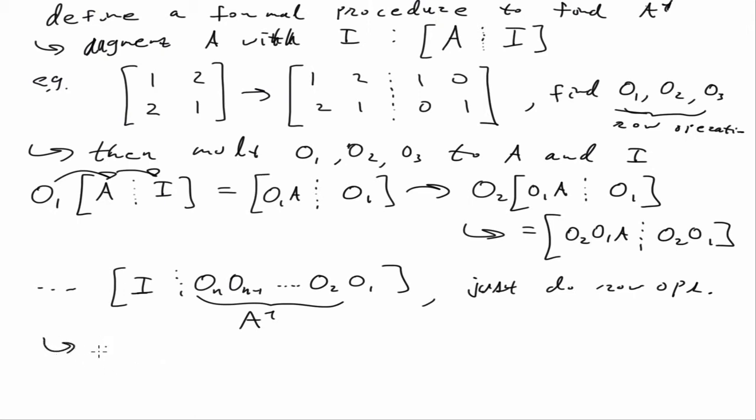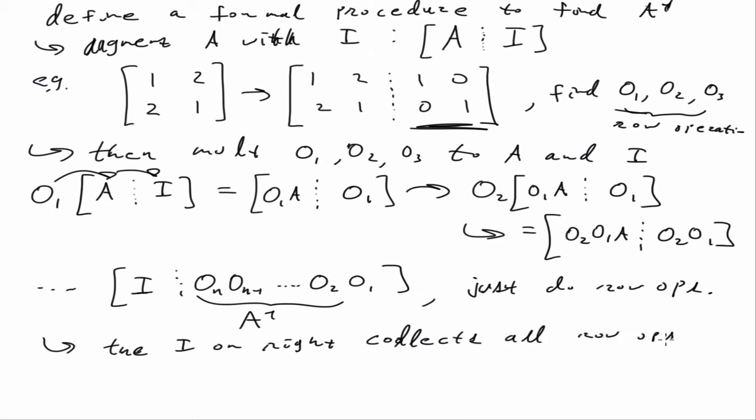But the idea is basically the I on the right, i.e. this identity matrix, collects all row ops that form A inverse.